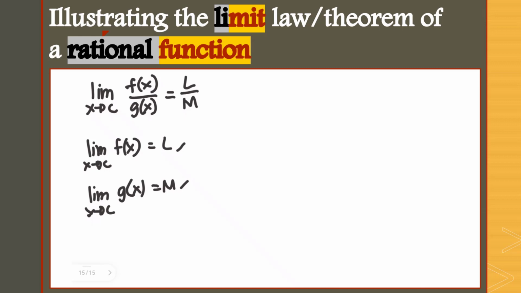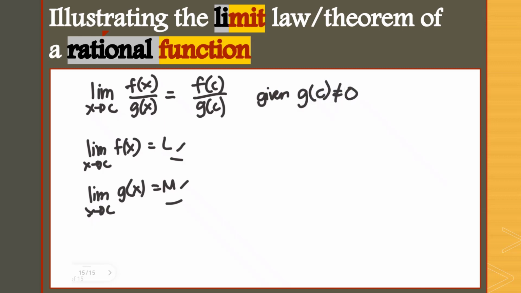In short, we don't know the limits of these two, meaning this is not given, this is not given. So the limit of a rational function here is if we are just going to substitute f of c and g of c immediately, provided that g of c is not equal to 0, because this will be undefined, just like another restriction we had in the previous limit theorem.